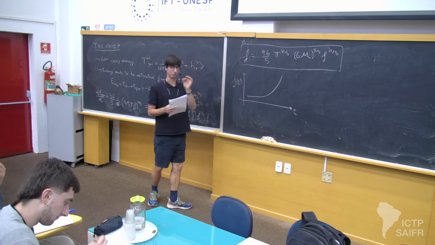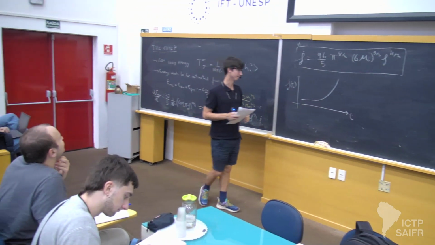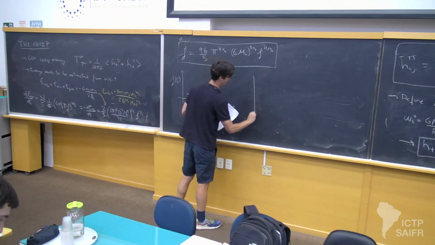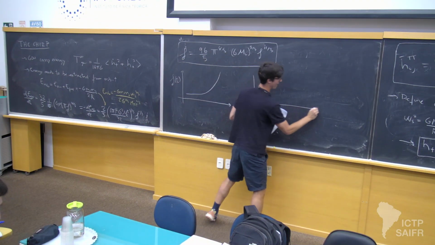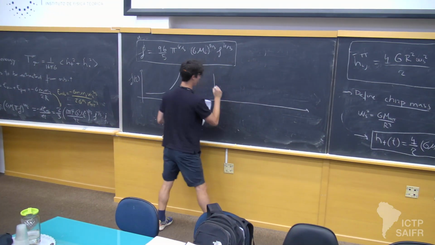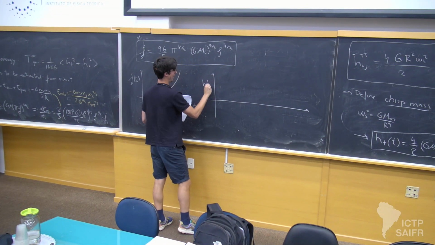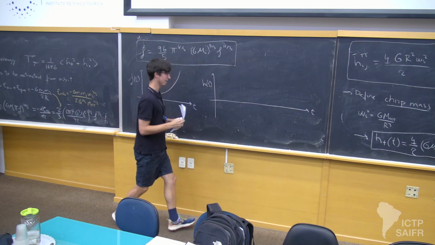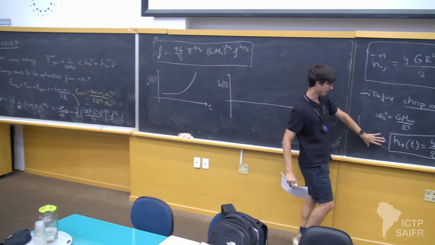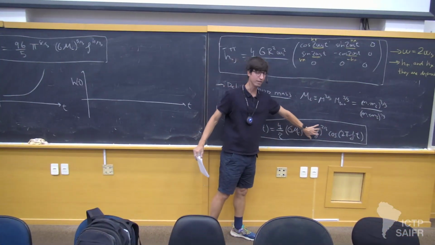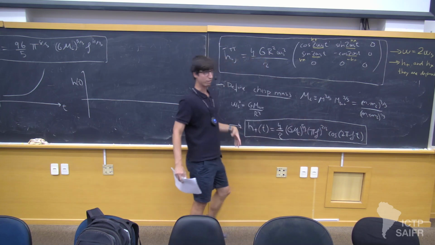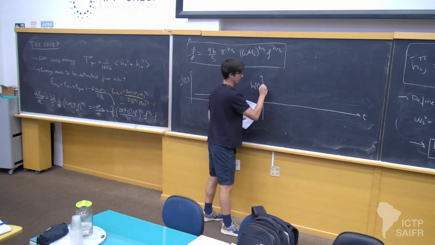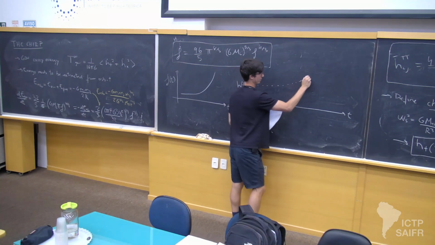So the signal is increasing in frequency, and when you look at the strain, you see that the gravitational wave strain depends on the frequency. So if the frequency increases, the amplitude increases.